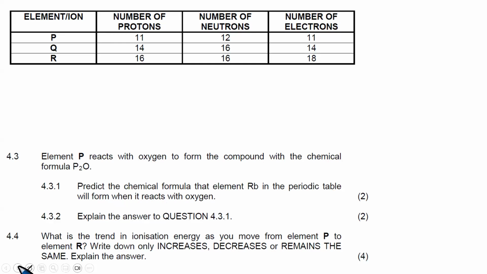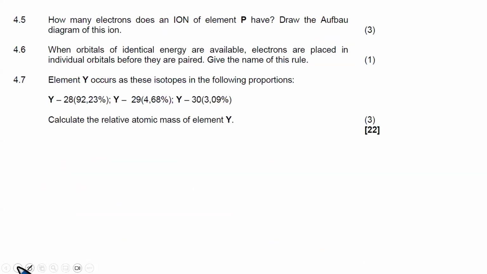So let us continue. In 4.5, we're asking the question, how many electrons does an ion of element P have? We saw that element P is sodium. But how many electrons does it have?